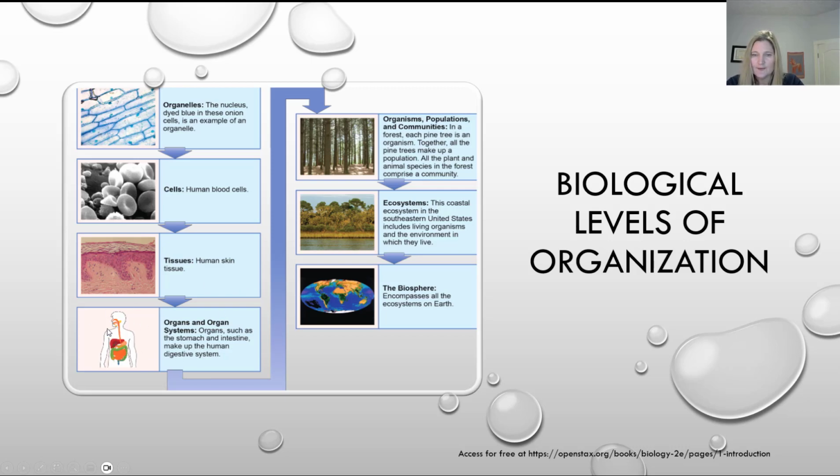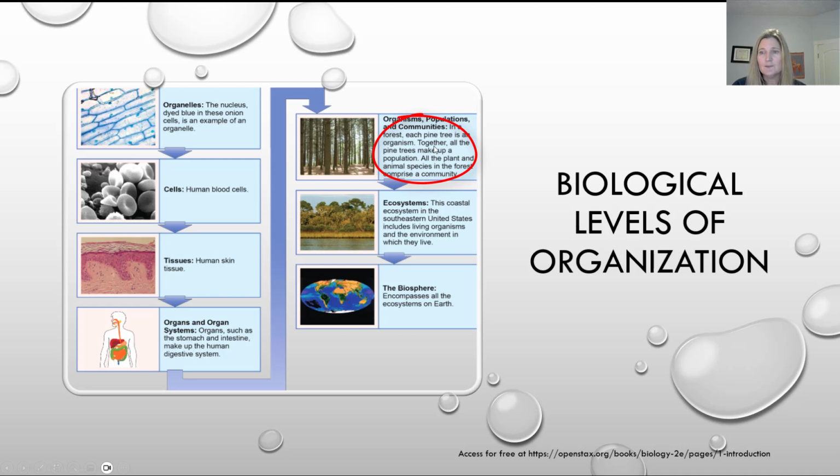And then we have our organism, okay? So within that organism, we see the different organ systems that are made up of organs, that are made up of tissues and so forth. We can also go beyond the organism itself and the individual and look at a population of the same species, okay? Or maybe we can look at all the populations within an area of the different species and see how they interact together.